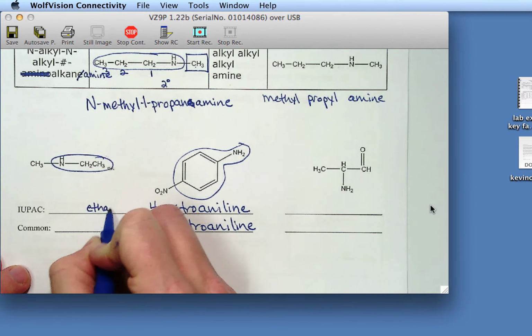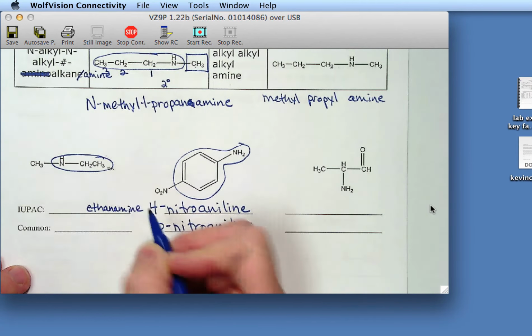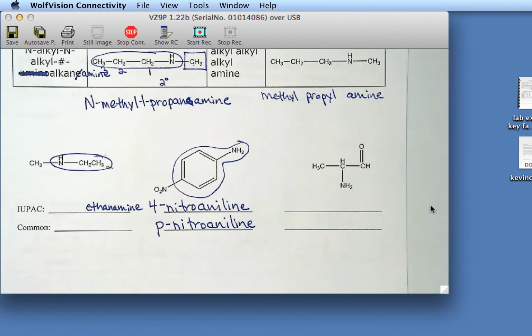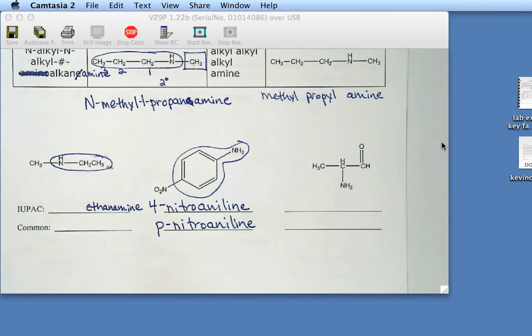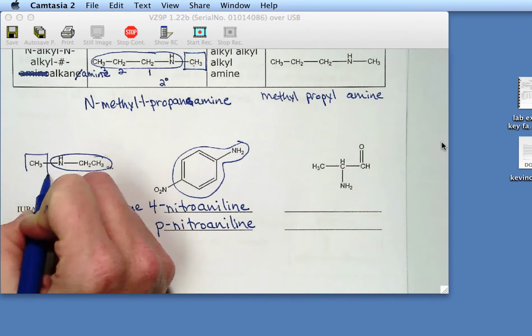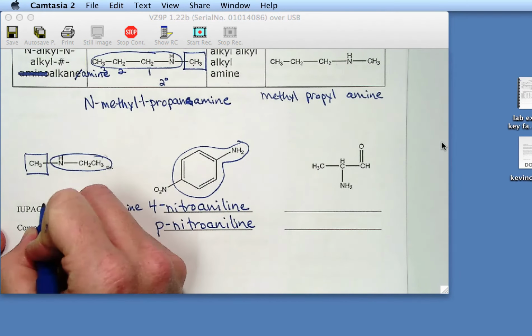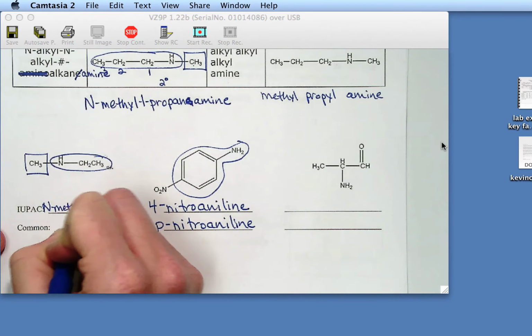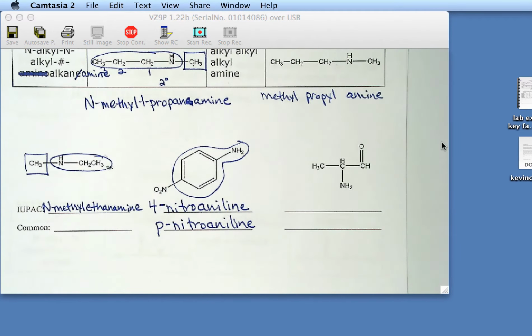If you put 1-ethanamine, I would not count off, but you don't need it because there are only 2 carbons. What else do I need to name in this? N-methyl ethanamine.